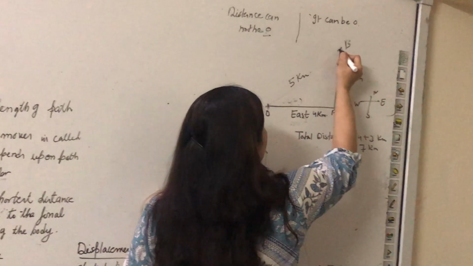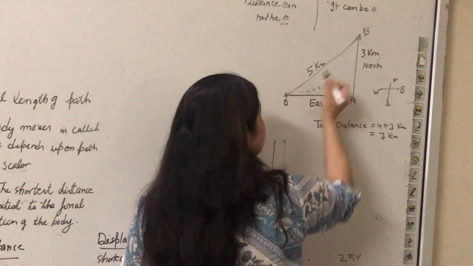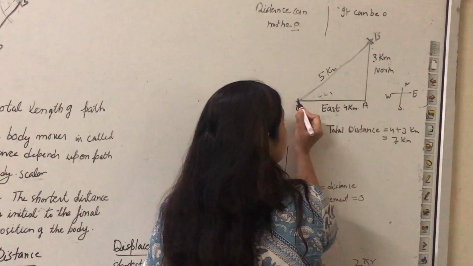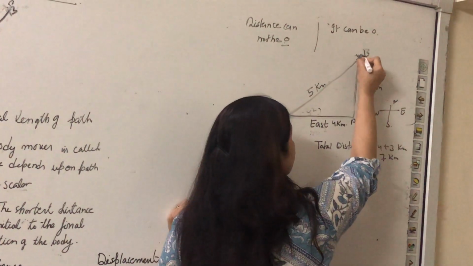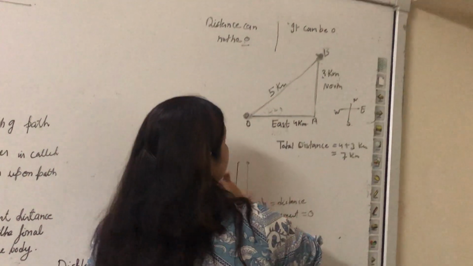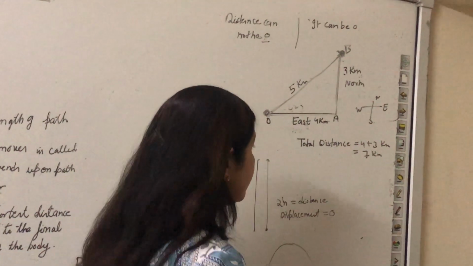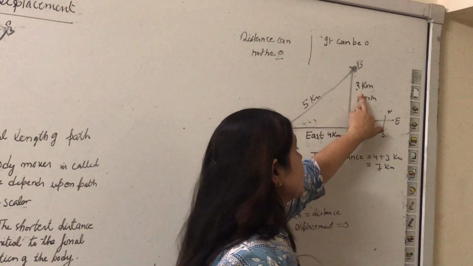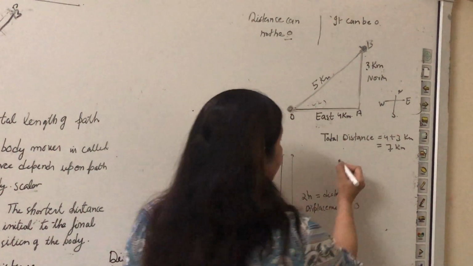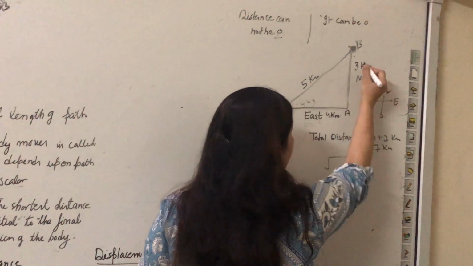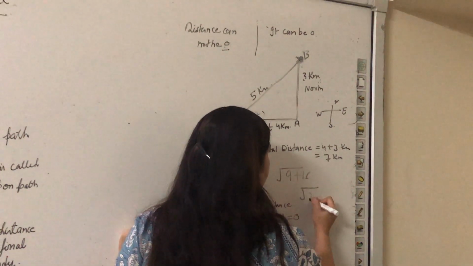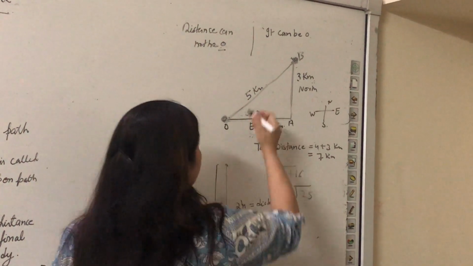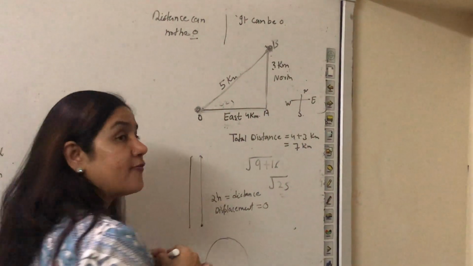He is moving like this, so this is the final position and this is the initial position. By the Pythagoras theorem, this is the 90 degree angle, 3. So how will you calculate this? Under root, 3 square is 9, 4 square is 16, and you will get 25.